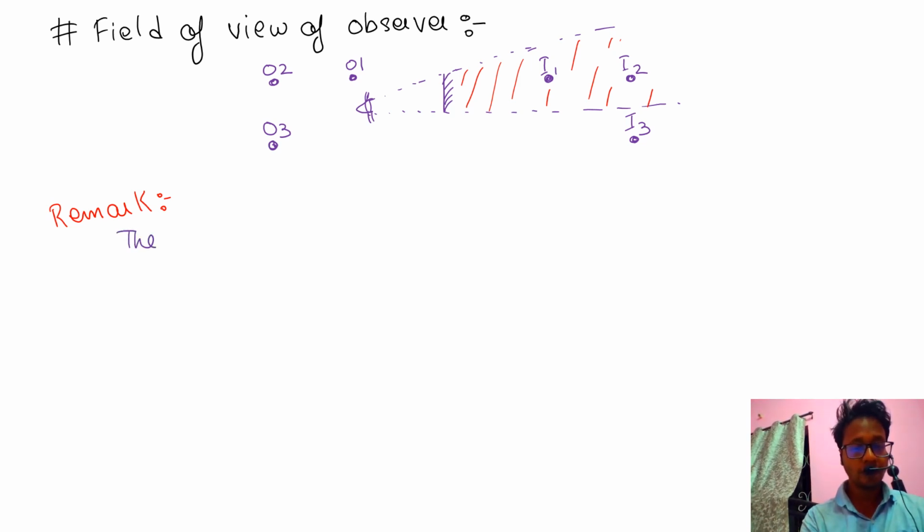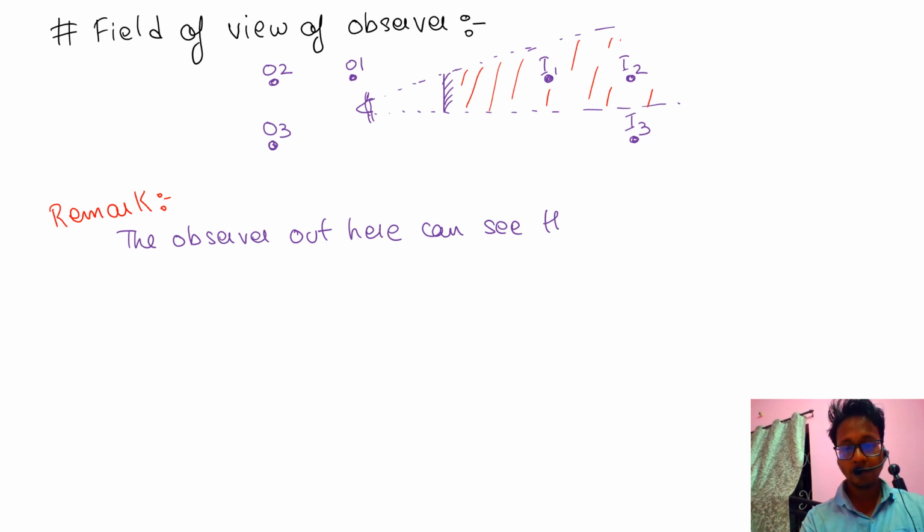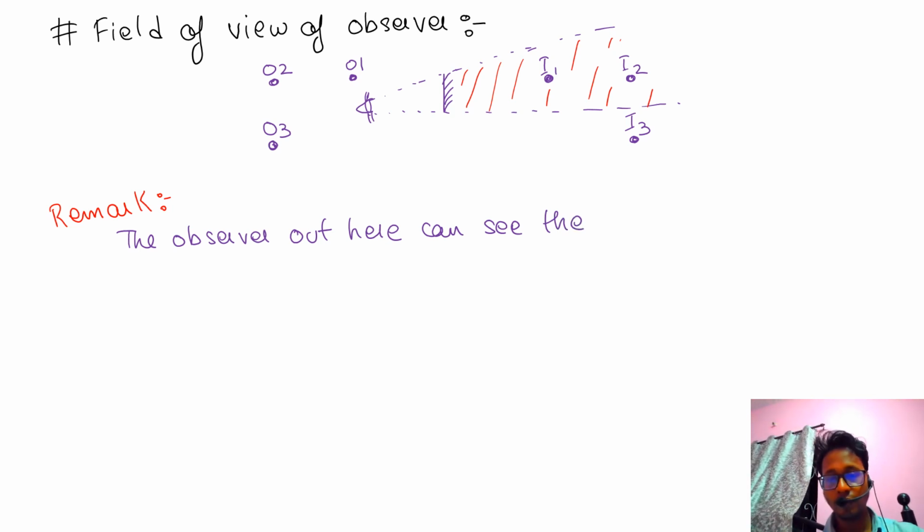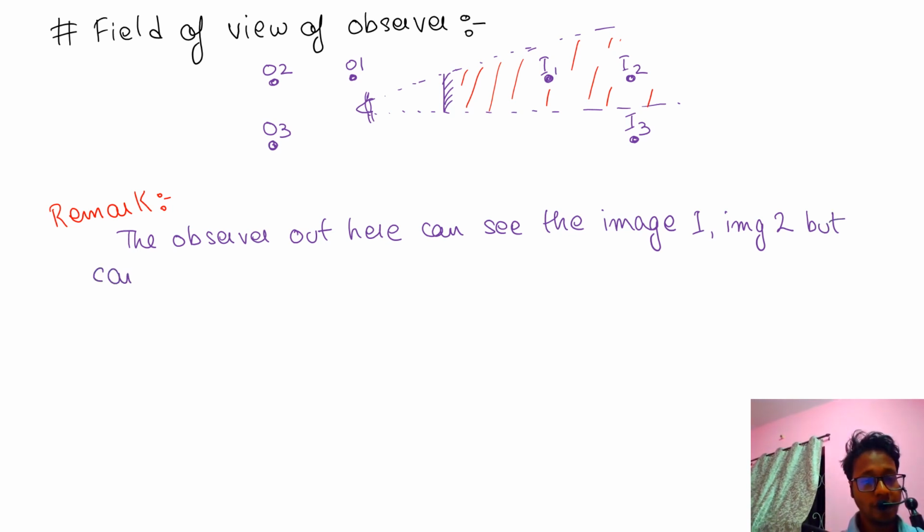The observer here can see image 1, image 2, but cannot see image 3. In our next slide we'll solve the exact problem that we did some time before.